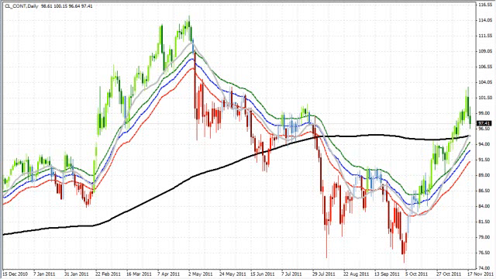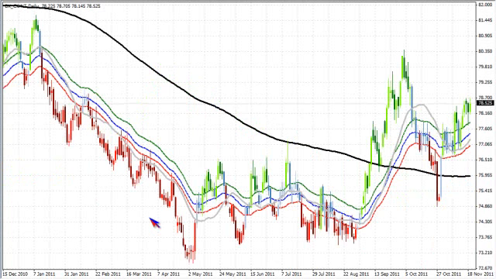Another chart to consider would be the dollar index. If the dollar index can continue to climb, or at least move up higher towards the upper ends of the range, that's going to allow the greenback to hold its own against the loonie and even strengthen against it, as we're seeing this morning.